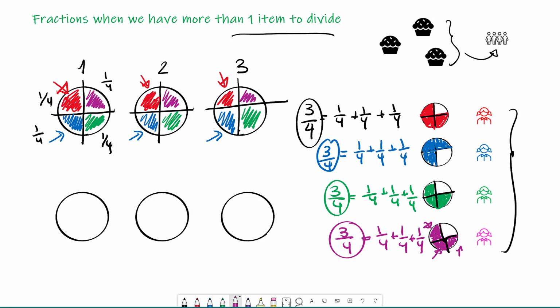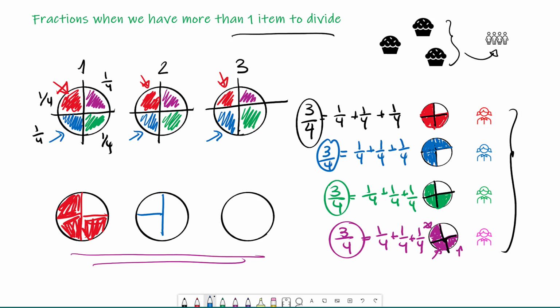We can draw this again here. Let's look at this here. So now we have our 3 pizzas here. Let's put our red kids' pizza slices back in this dish. Okay, so we have 3/4 in this dish. Okay, let's put the blue child's pizza in this dish. So we have 3/4 here, right?